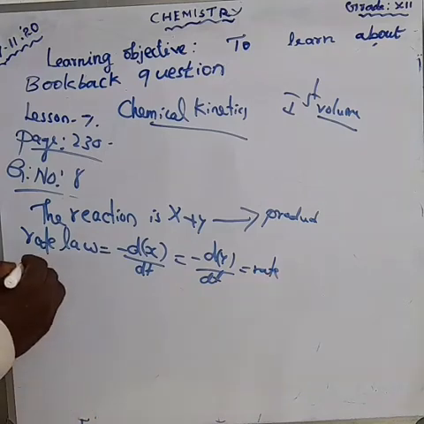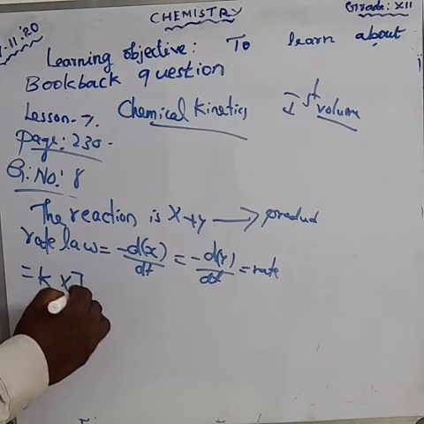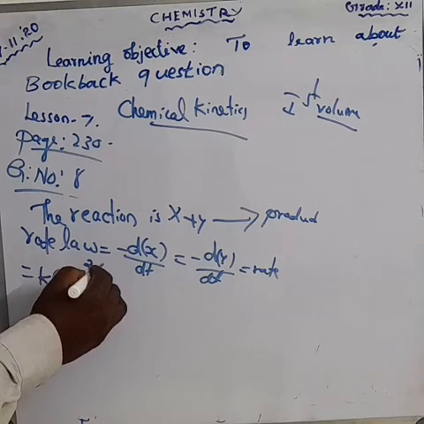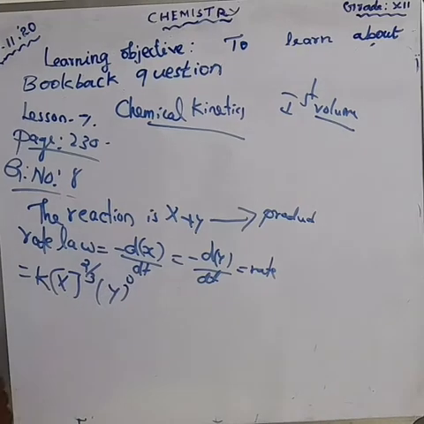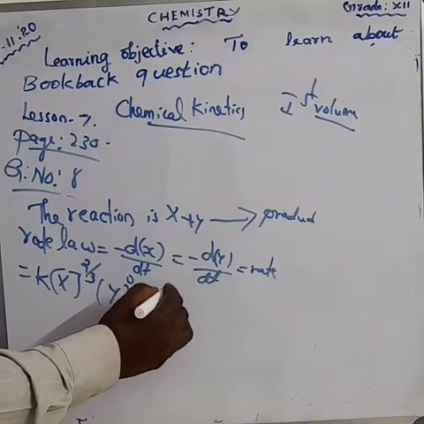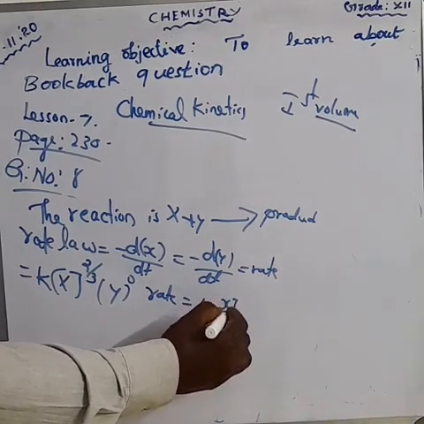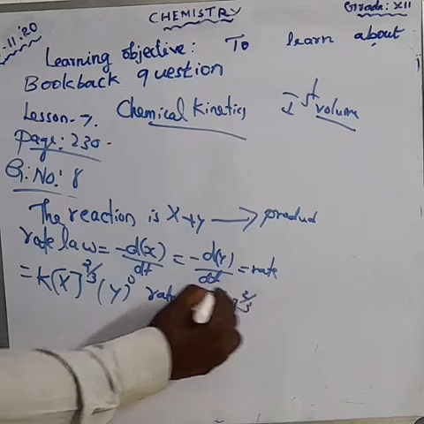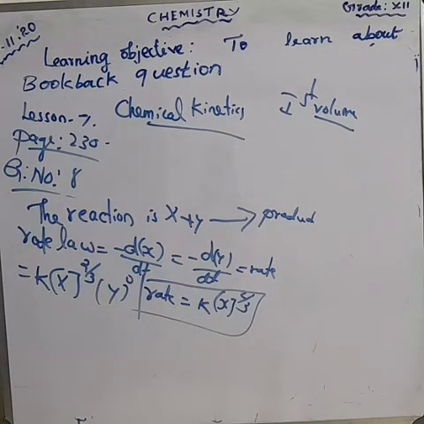So rate is equal to K into X to the power 3/2, Y to the power 0. So rate is equal to K into X to the power 3/2. This is the answer for the 8th question, for the first option A.